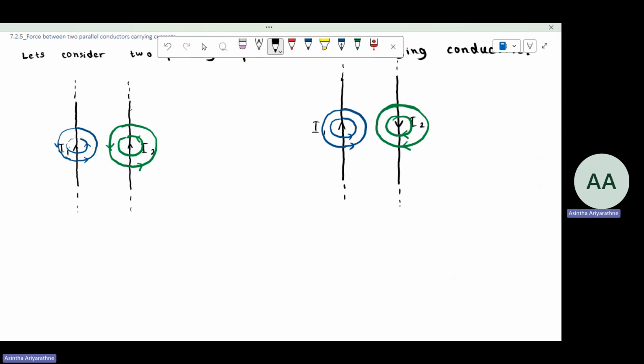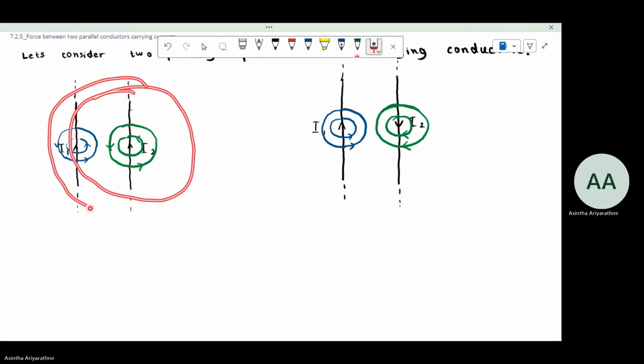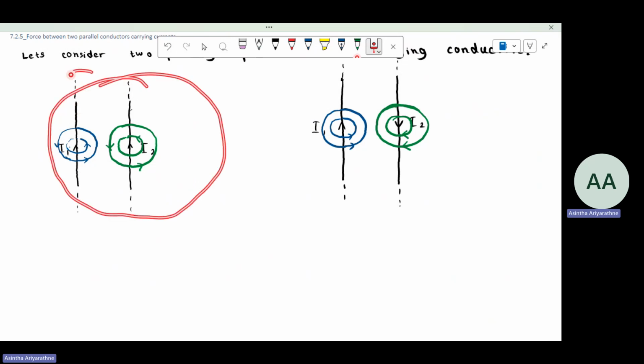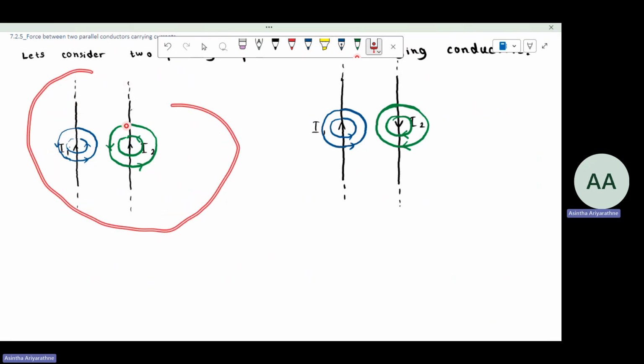But if we consider either this region or this region, here the blue magnetic field is downward as well. Although I have not drawn all the magnetic field lines, there are magnetic field lines distributed to infinity, right?